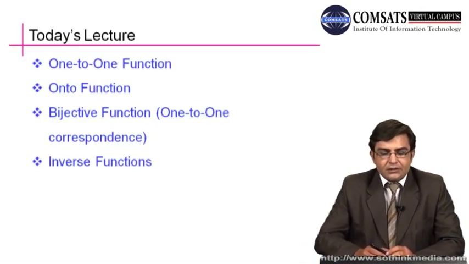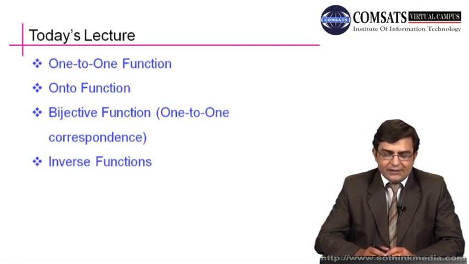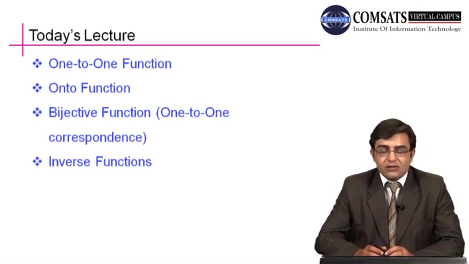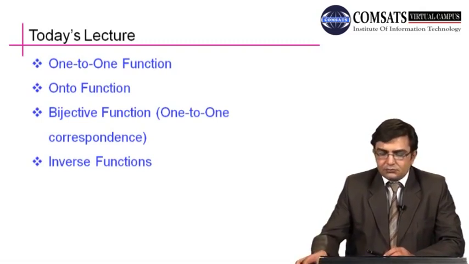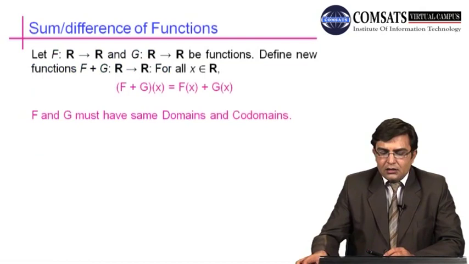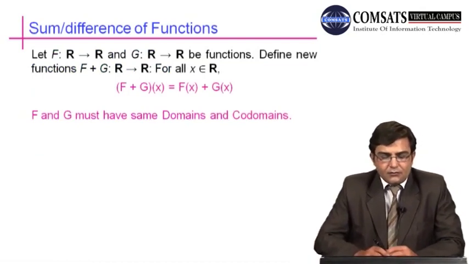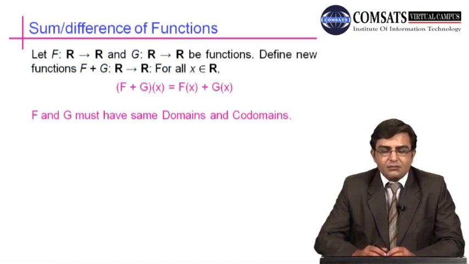Today we shall talk about one-to-one functions, onto functions, bijective functions, also called one-to-one correspondence, and inverse functions. First of all, I shall discuss the sum and difference of two functions.